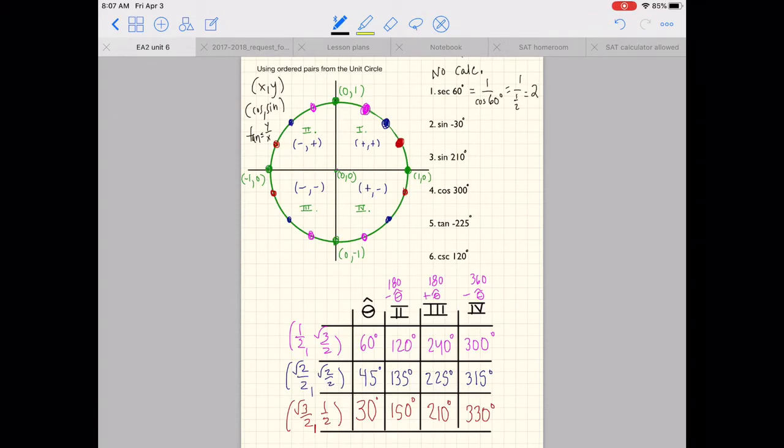If you move on and try the sine of negative 30, now you have to remember negative 30 is actually the same as 330. So you're basically doing a coterminal. You're saying that the sine of negative 30 is the same as the sine of 330 because of the concept of coterminal. So then if you look at 330, 330 references 30, and we want sine, which is y.